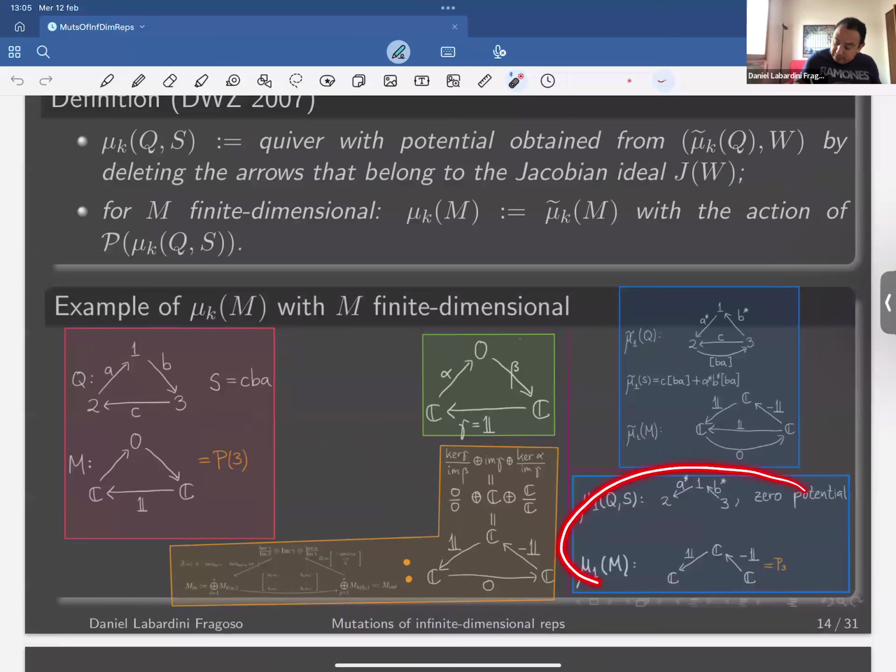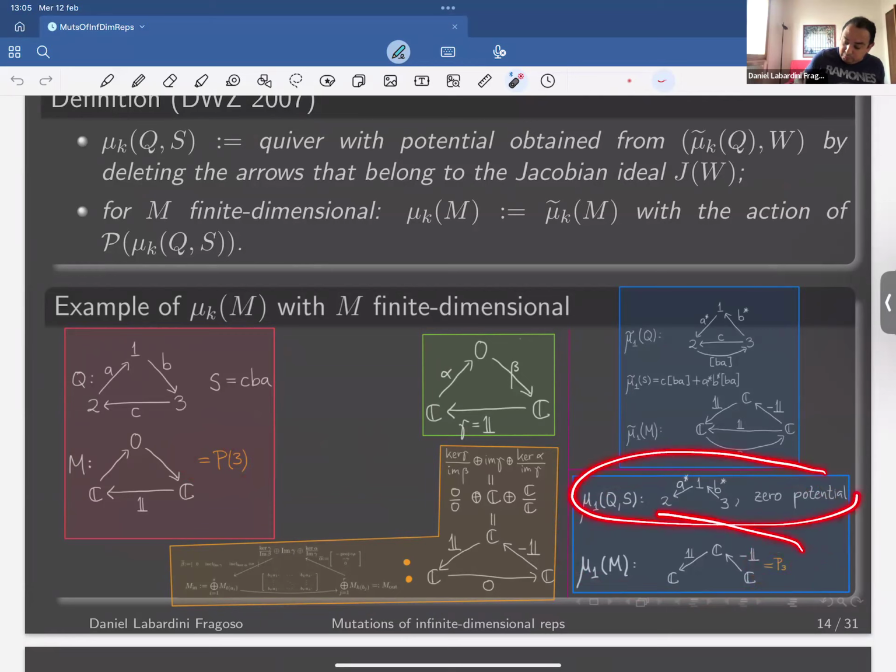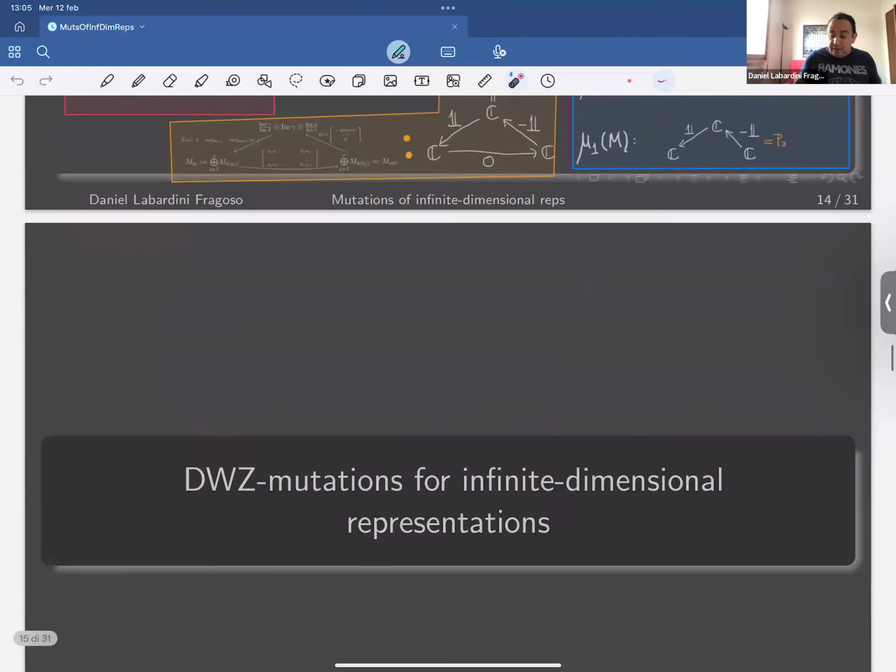And the final answer. So in this example, that for time reasons I don't describe in full detail, you can see that the mutation of this projective at 3 is the projective at 3 over the mutated quiver with potential.